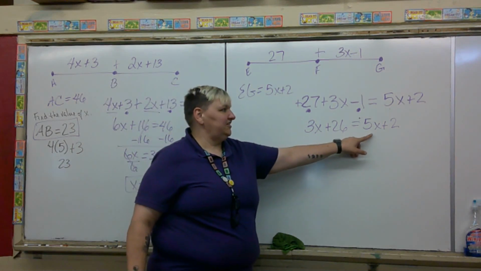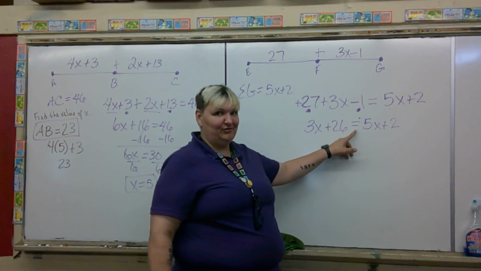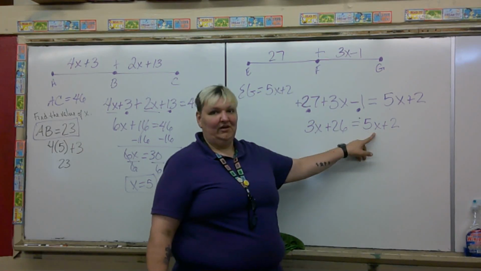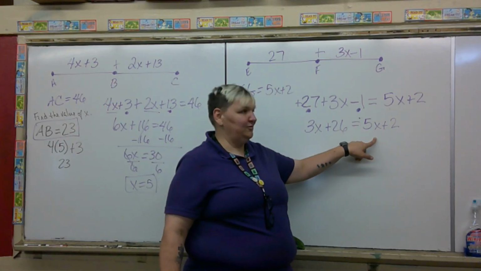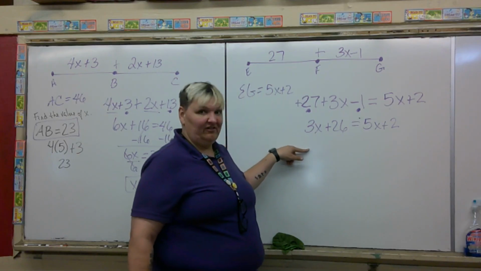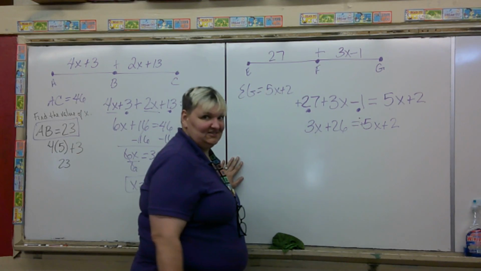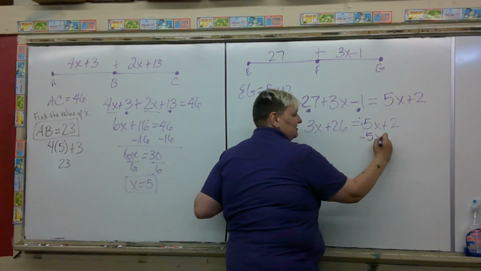Now you'll notice that the variables are on different sides of the equal sign. You can't just combine because they're on different sides of the equal sign. You have to cancel this variable term, cancel the whole thing and then bring it over here. So if it's currently a positive 5x, to cancel it we would subtract 5x.